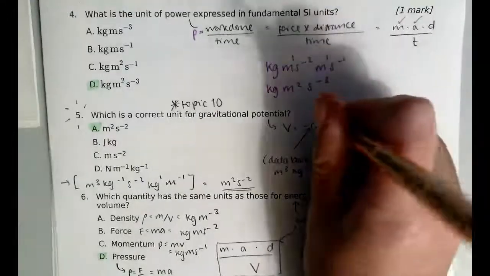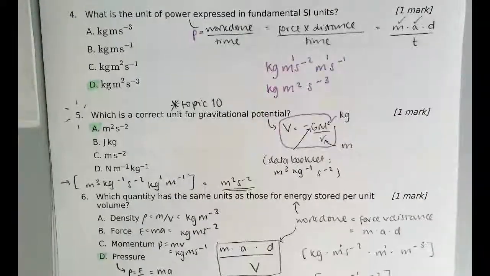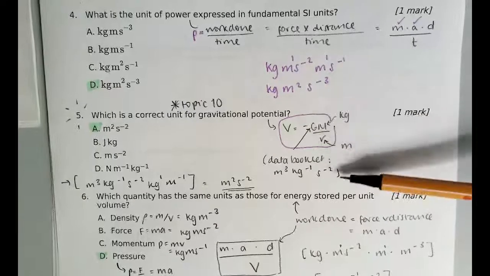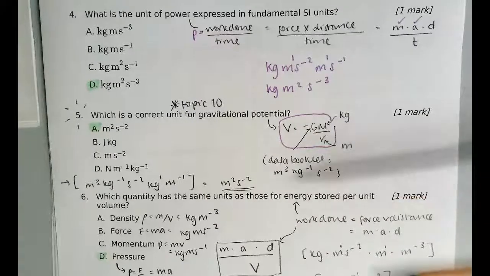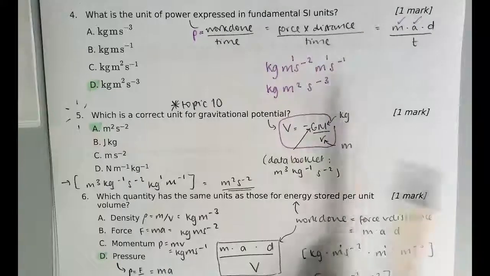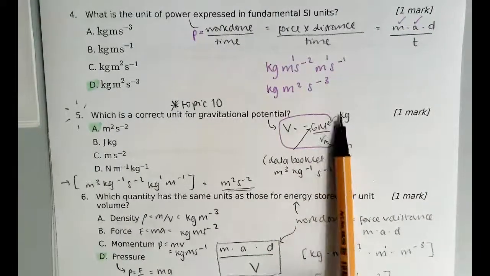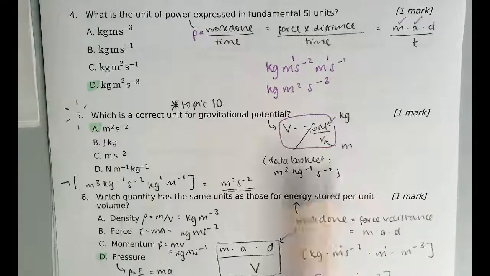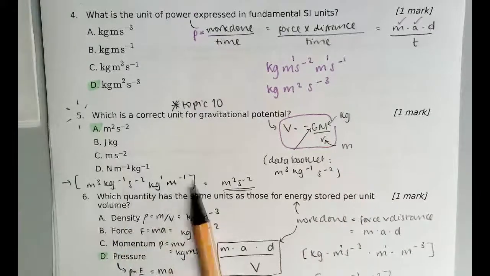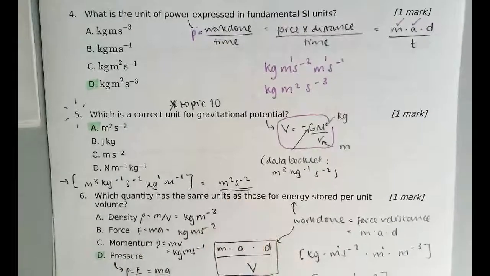You've got an equation in your data booklet anyway, so you could do it even without really understanding what the equation means. G is the gravitational constant, the unit of that is in your data booklet. M is a mass, R is a distance, and it is just a case of number crunching, so it's all of this multiplied by a kilogram divided by a metre. I lay it out, I gather like terms, and I end up with my final answer.